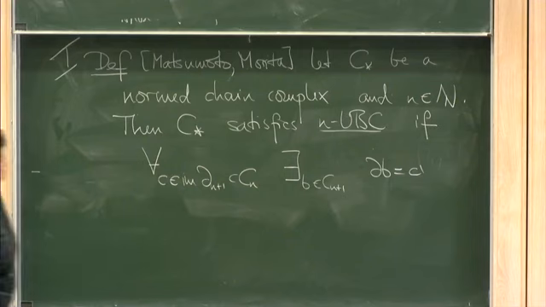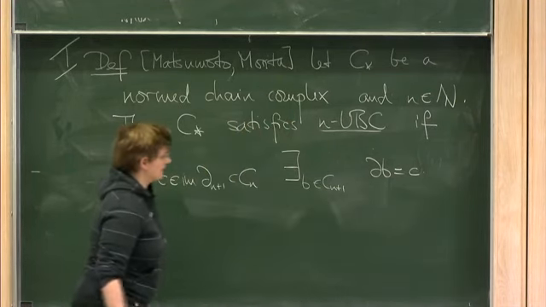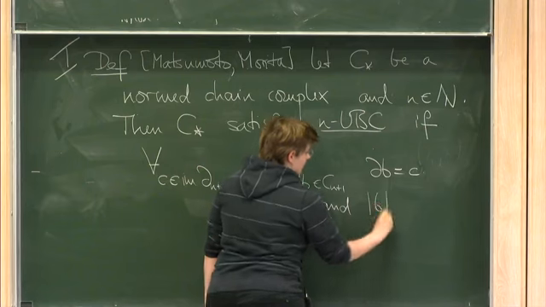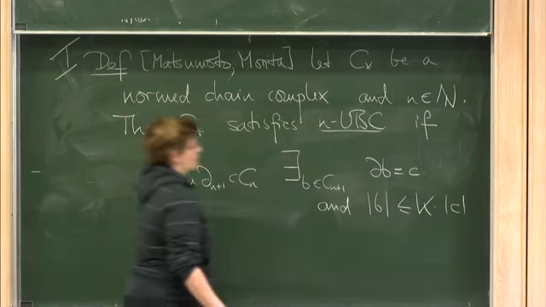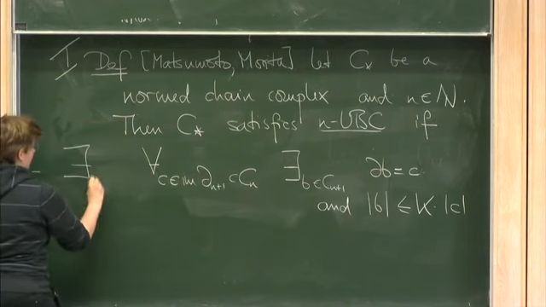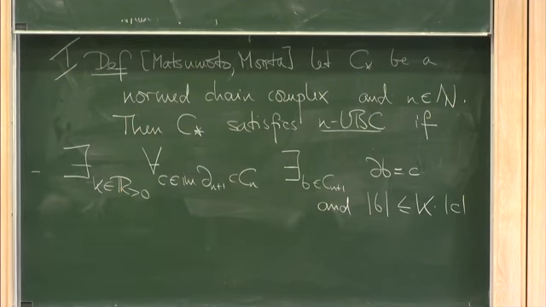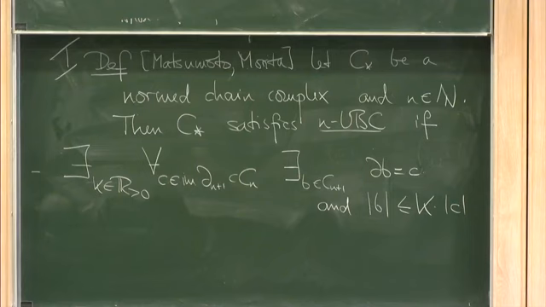But now we can ask that this filling is somehow efficient, right? It's a cheap filling. So we want to have that the norm of b is at most some constant times the norm of c. So we ask for a global constant that makes this happen. So we are asking for a uniformly good filling of our chains.